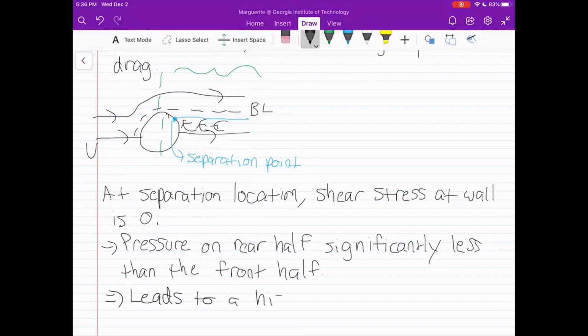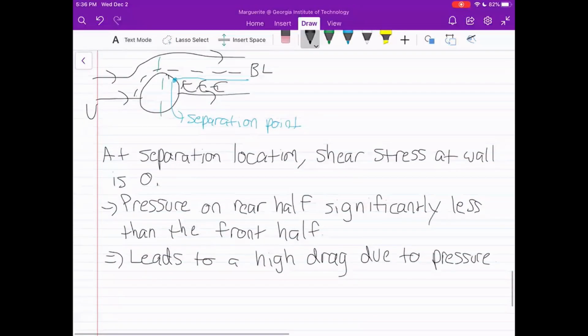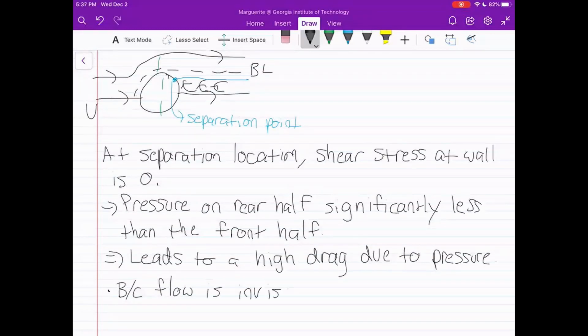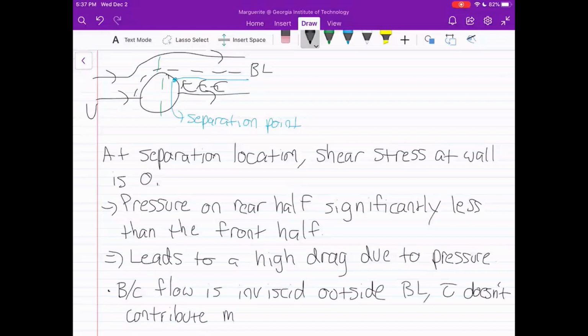And so again, this leads to a high drag due to pressure. Because this flow is inviscid outside of the boundary layer, the shear stress doesn't contribute much to drag. So it's mainly just a pressure drag. The shear stress is just really small compared to the pressure.